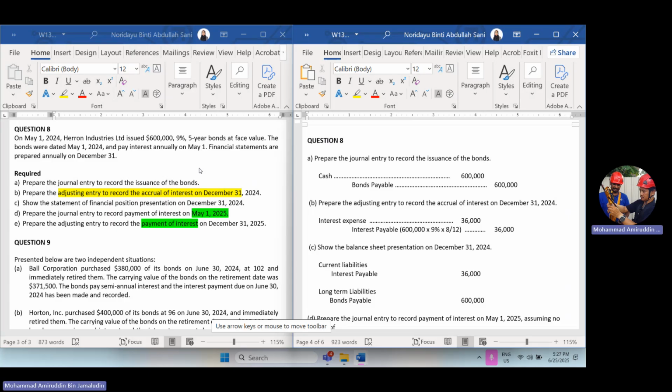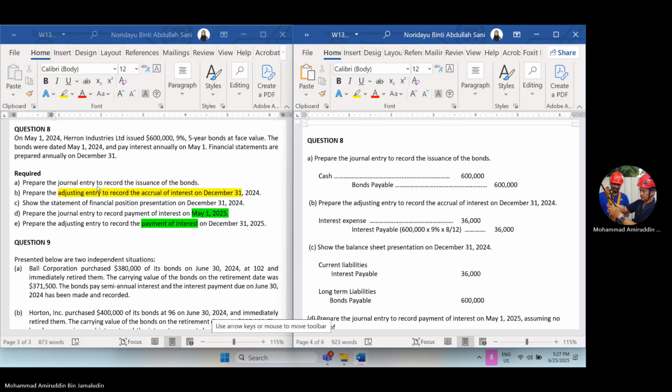So bonds, if you take as how many years? It is a 5-year bonds, right? So annual bond. 1st May until 30th April 2025. 1-year bond.